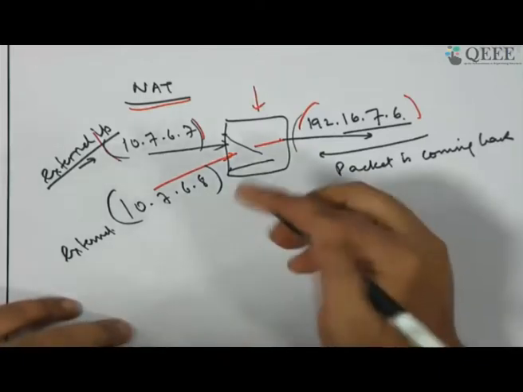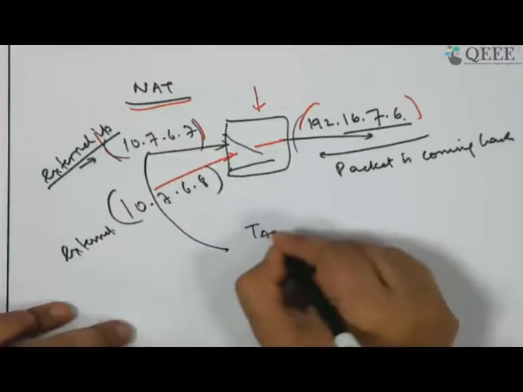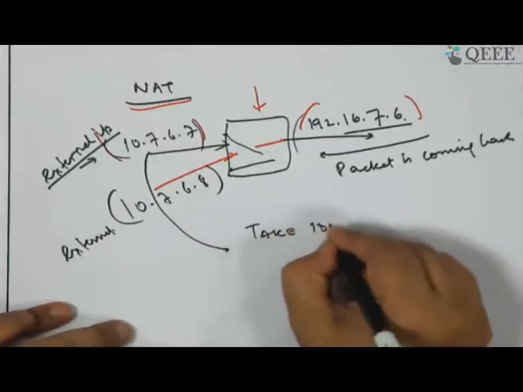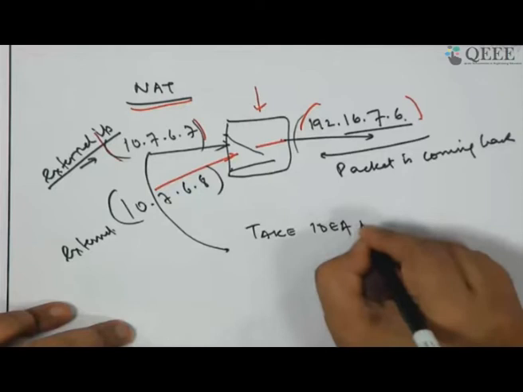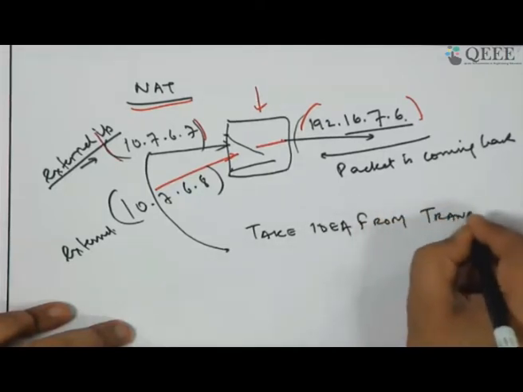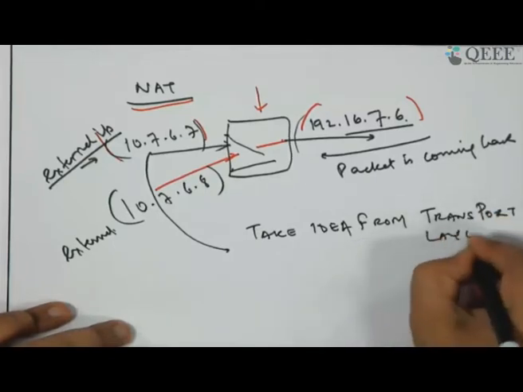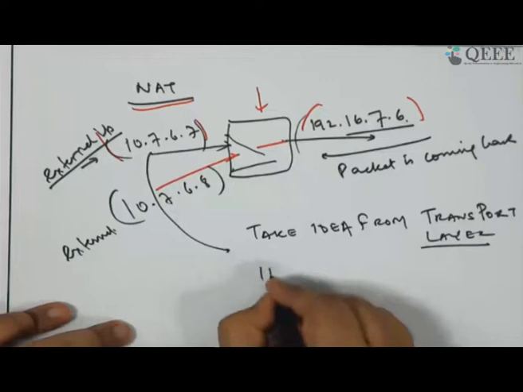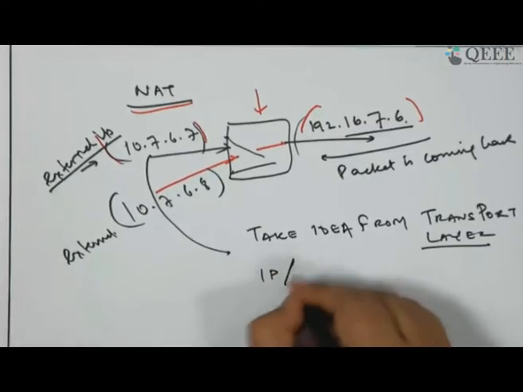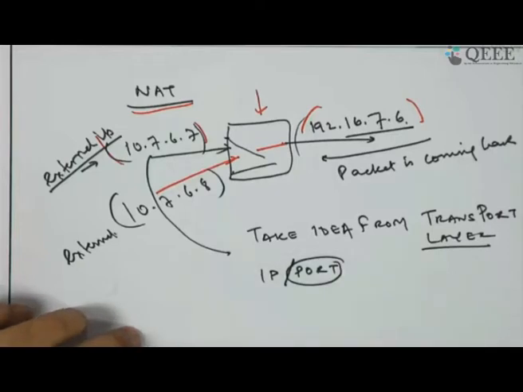So now what happens is, see, now they take an idea from the transport layer. Okay. So in the transport layer, what is there? There is an IP address and there is a port.